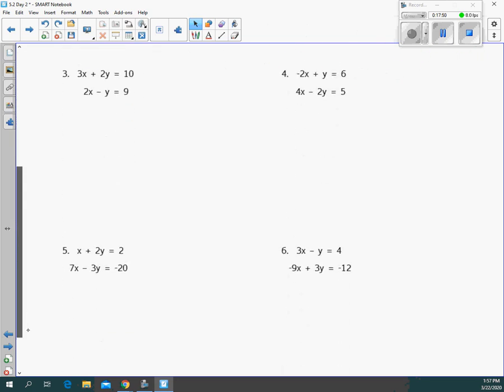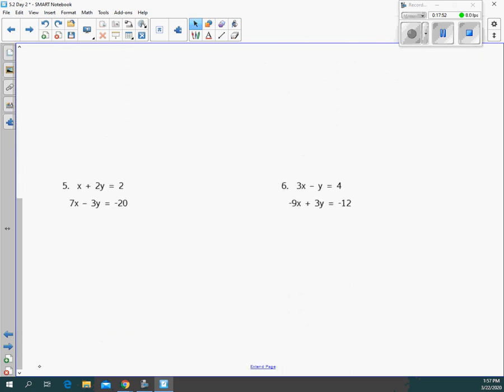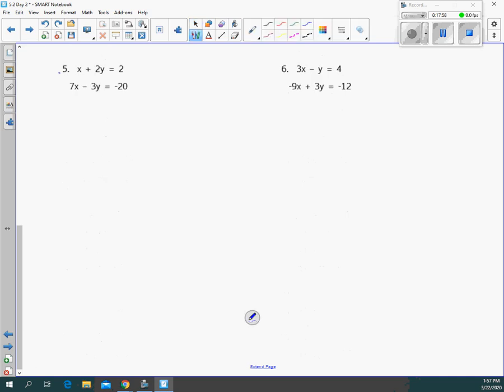Let's do a couple more. 5 and 6, call it good? If you had to do number 5, which variable would you solve for? I would solve for the 1x. So I would minus 2y and I'd get x equals negative 2y plus 2. I'd plug that in for the x.